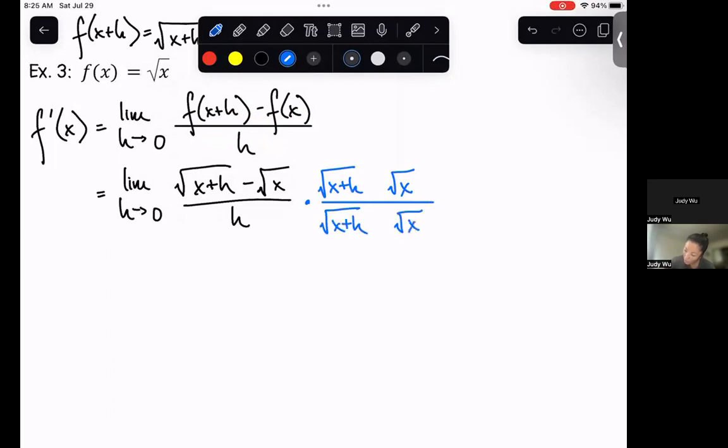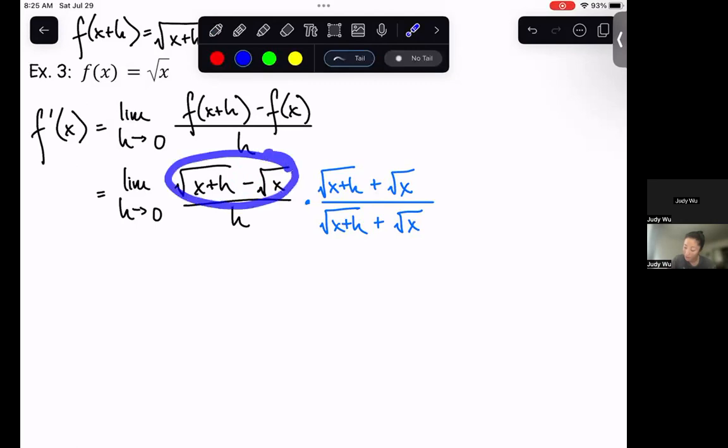However, instead of a minus sign, we are going to have a plus sign. What we've done now is multiply by a fancy one, but in particular, this fancy one happens to be a conjugate of the numerator we already have.